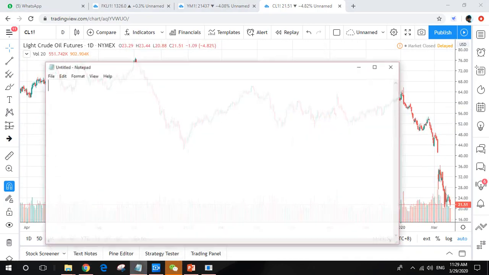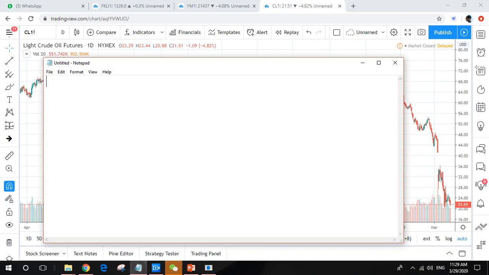So let me do a summary here. For FKLI, what we can analyze from the technical side is that yes, it triggered a short-term rebound, but there is no strong confirmation for a strong rebound. So it is just a short-term rebound.